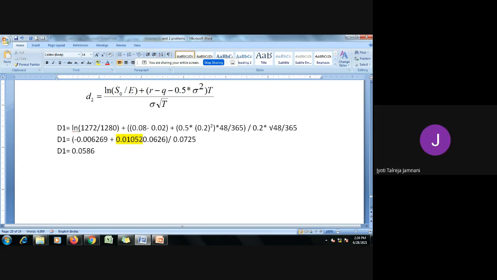So if we take 0.0626 and solve, what is the D1 value that you get? 0.7769.